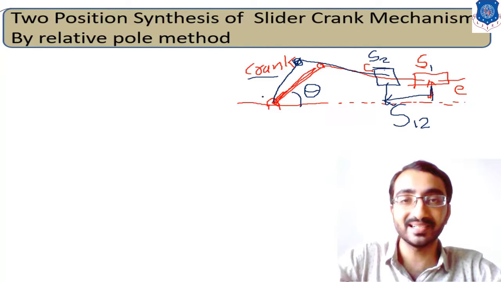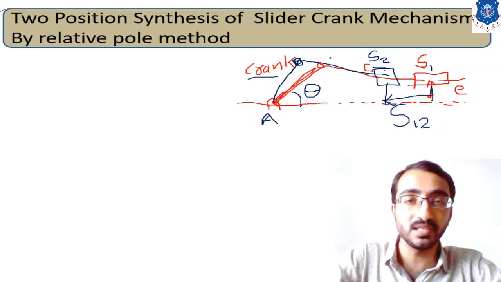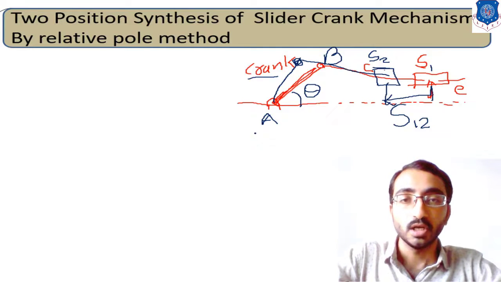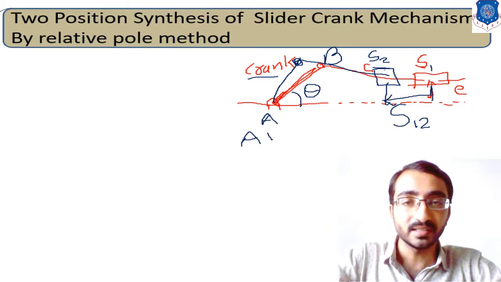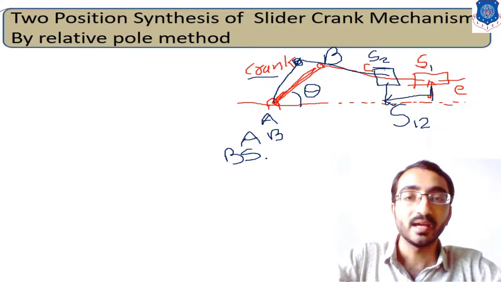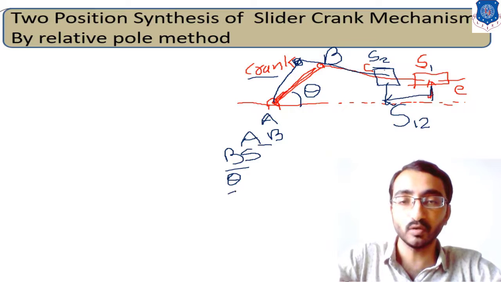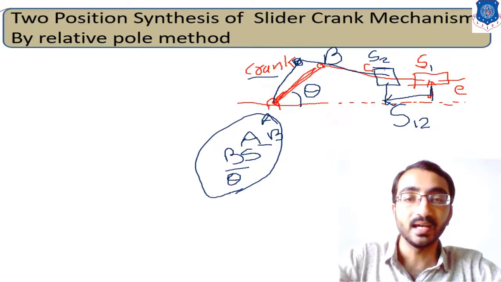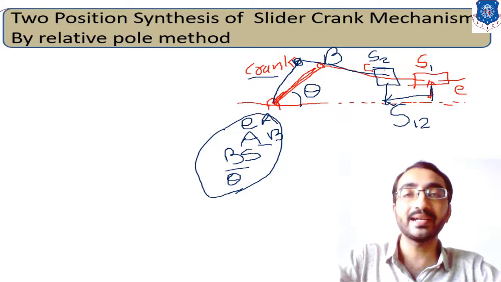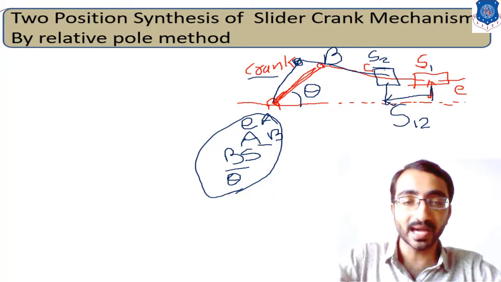If we consider this mechanism as ABS, that is AB, and the slider as S, we have to find the length of AB, that is the crank, the length of BS, or the connecting rod, and the input or initial angle theta. With the help of these three data and the eccentricity E, these four data we can design a slider crank mechanism.